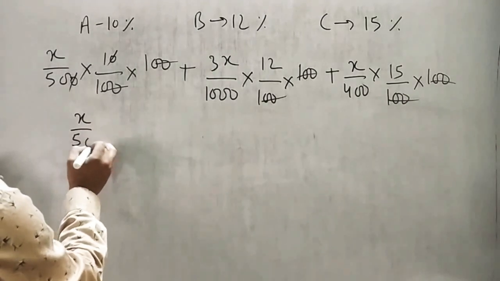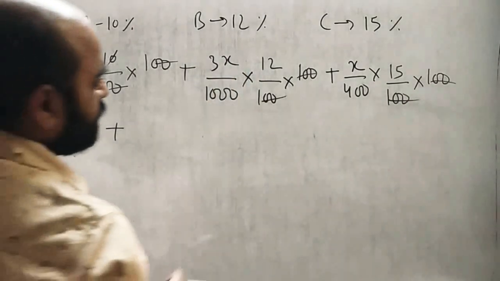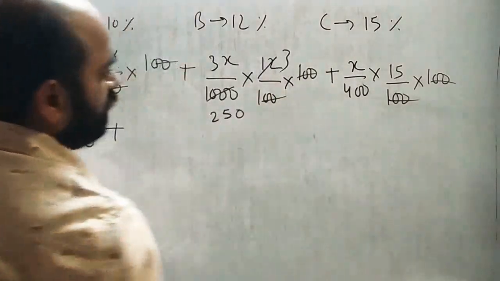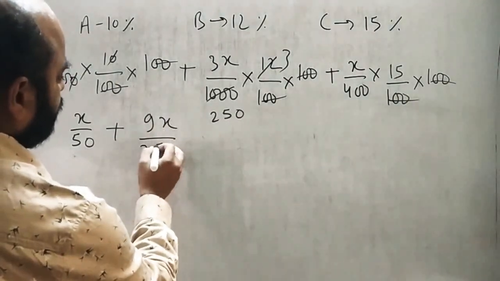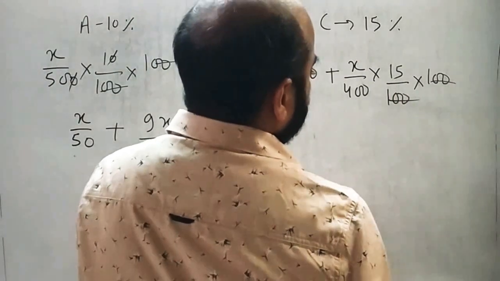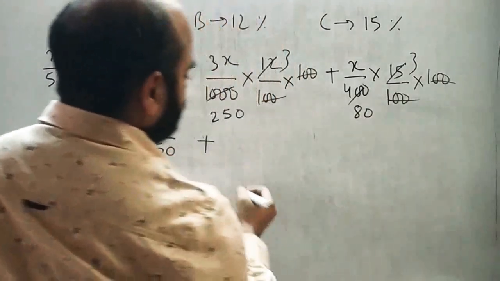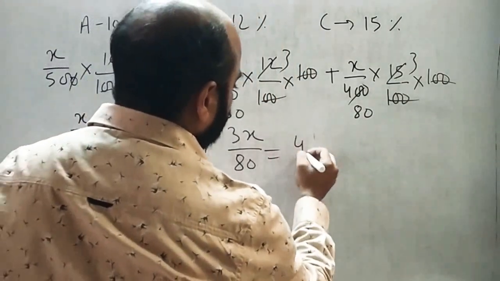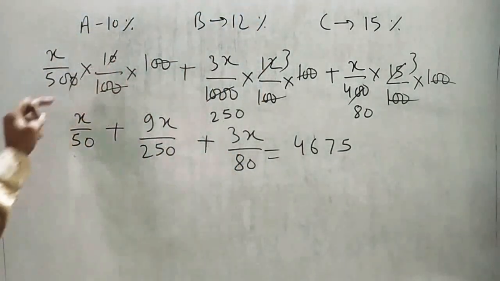So here we can cancel more. Yes, this is x upon 50 plus this can be cancelled, so that will give 9x upon 250 plus that will give 3x upon 80, and this is equal to 4675, correct?